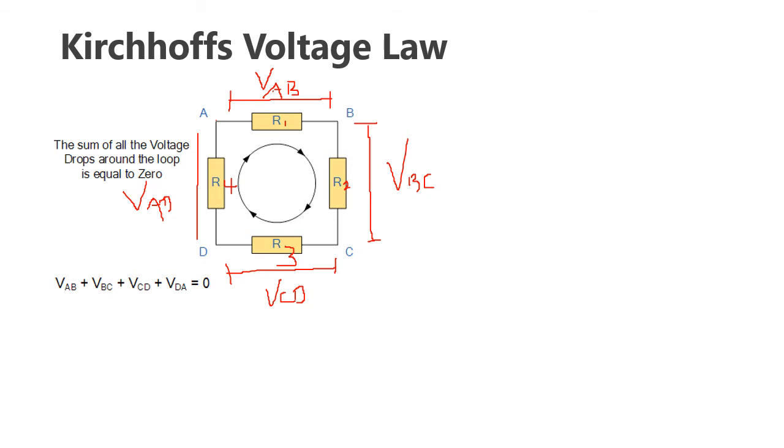Here VAB plus VBC plus VCD, and finally the voltage drop between D and A, which I am taking as VDA, equals 0. So this is what KVL represents.